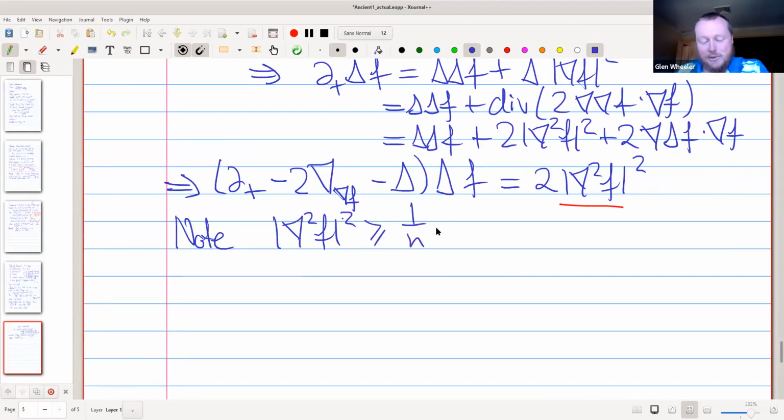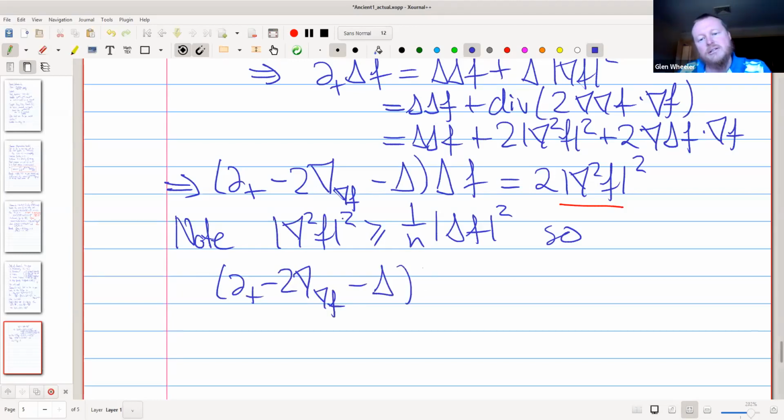This is just a simple algebraic inequality: you can control the Laplacian of f from above by the Hessian, and you need to pay the price of n, where n is the number of dimensions. So what do we get? We get d/dt minus 2 times the gradient in the direction of grad f, Laplacian Laplace f is greater than or equal to 2 over n times Laplace f squared.